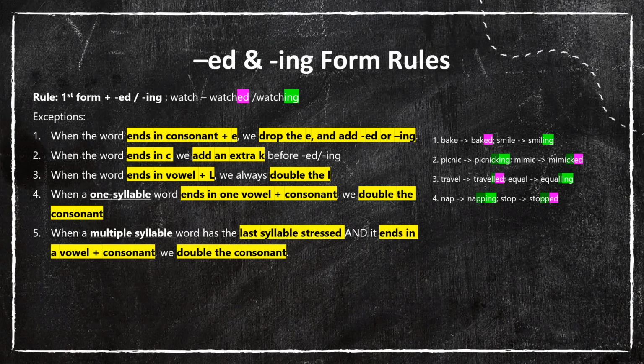And lastly, when a multiple syllable word has the last syllable stressed and it ends in a vowel plus a consonant, we double the consonant. What do I mean by stress? Stress means that we emphasize that syllable, right? When we pronounce it.